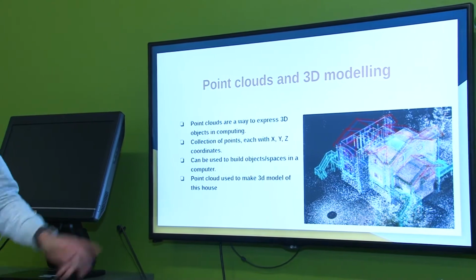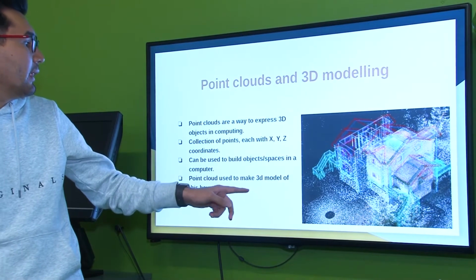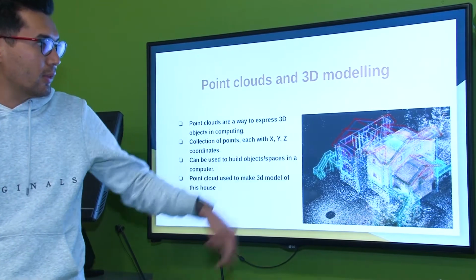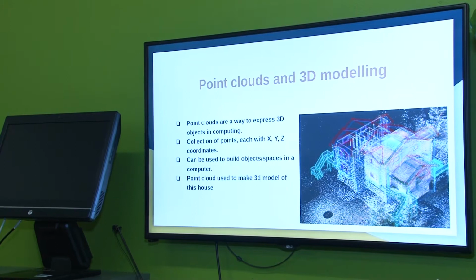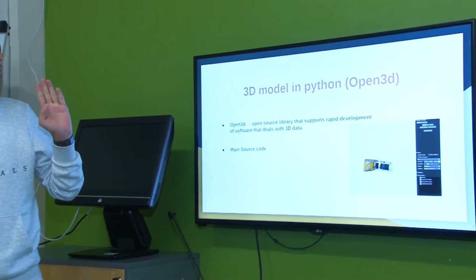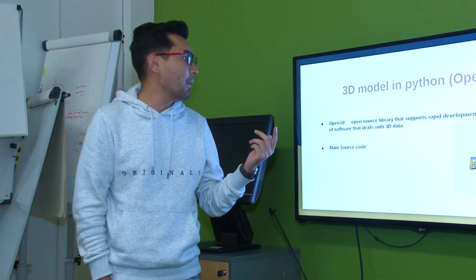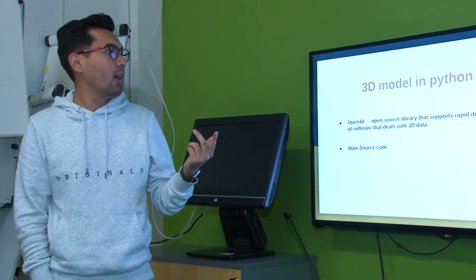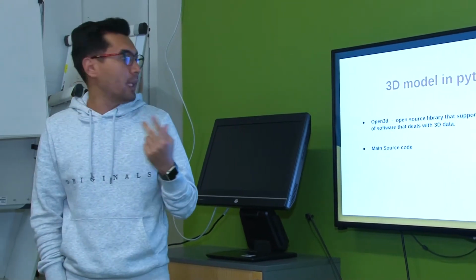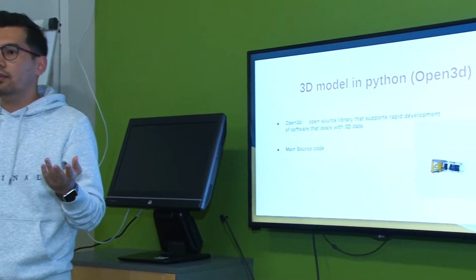And here is, as you can see, an example of a 3D model of a house. Open3D is an open source library that supports rapid development of software that deals with 3D data.